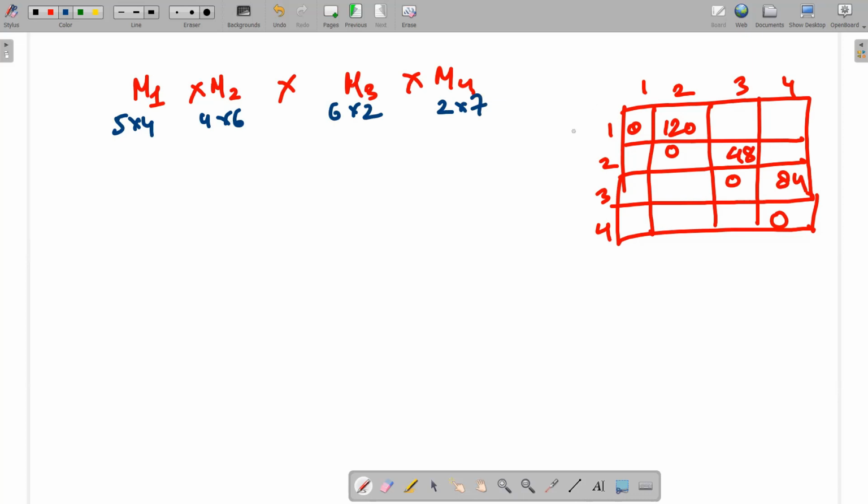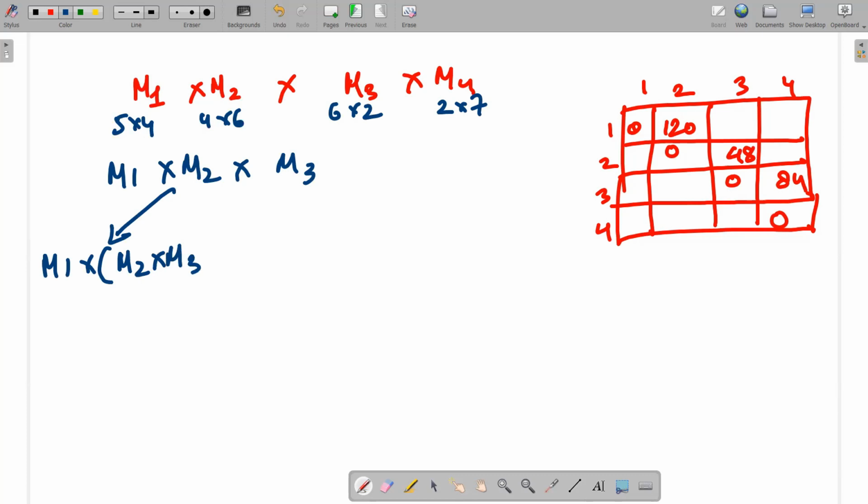So if I'm multiplying M1, M2 and M3, guys, actually this can be done in two ways. First, M1 can be multiplied with the answer of M2 and M3. Another way is M1 is multiplied with M2 and that answer is multiplied with M3. So I have to find this.